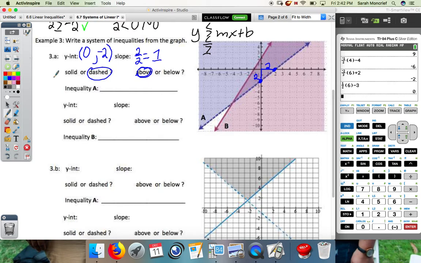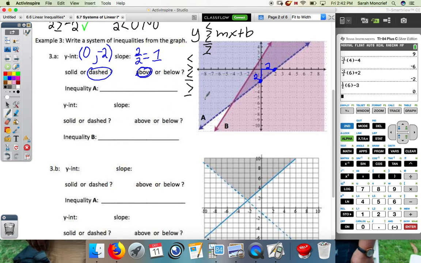So looking at how we have solid, dashed, above or below, let's talk about which one we're going to use. We have less than, greater than, less than or equal to, greater than or equal to. Sorry, sometimes you still mess them up. Greater than or equal to. So first of all, the line's dashed.